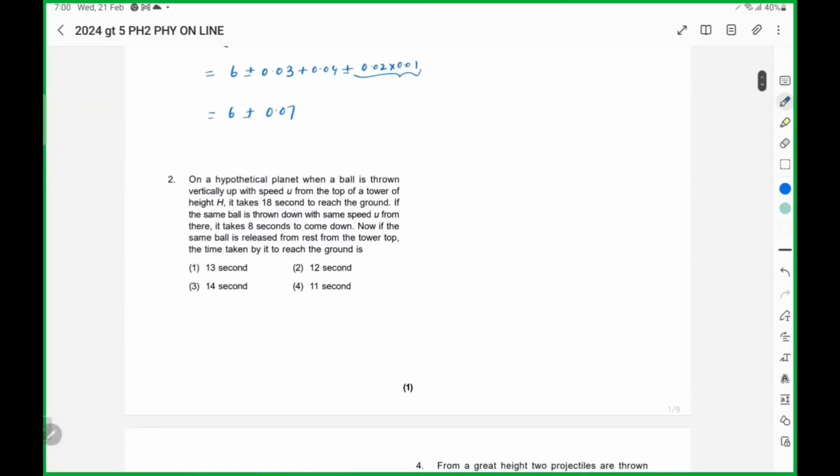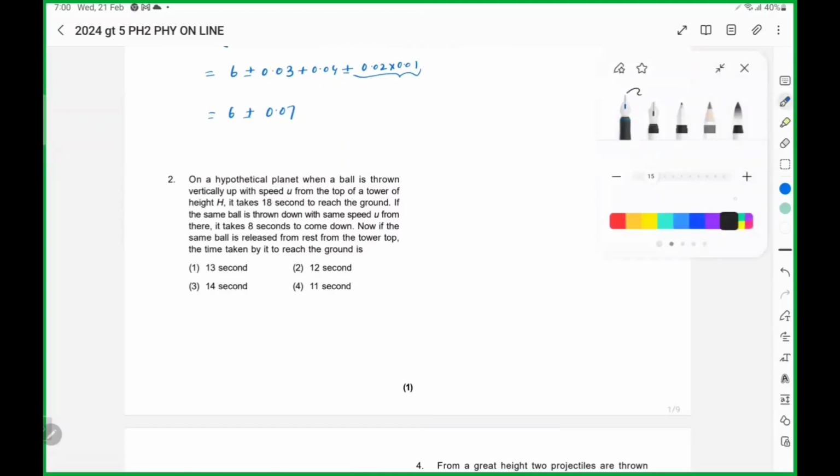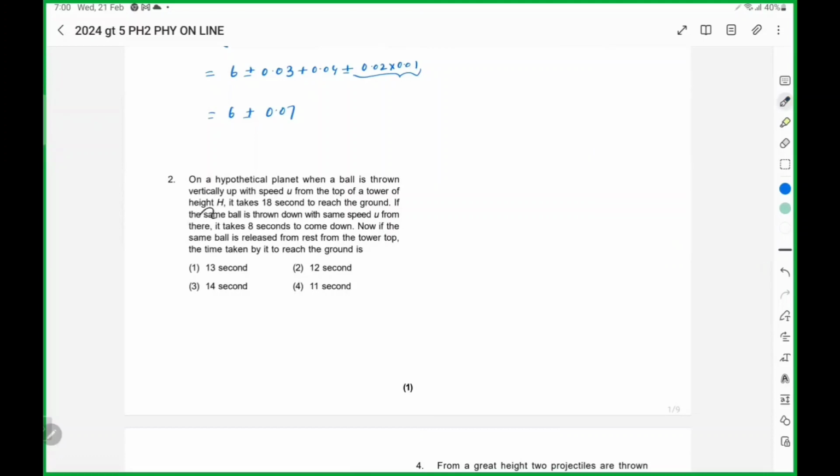Here, on a hypothetical planet, a ball is thrown vertically upward with a velocity u from the top of a tower, and it takes 18 seconds to reach the ground.